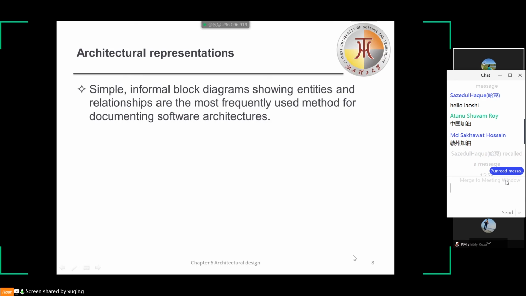We see that simple informal block diagrams showing entities and relationships are the most frequently used method for documenting software architectures. As shown in the figure, each box in the diagram represents a component. Boxes within boxes indicate that the component has been decomposed to subcomponents.